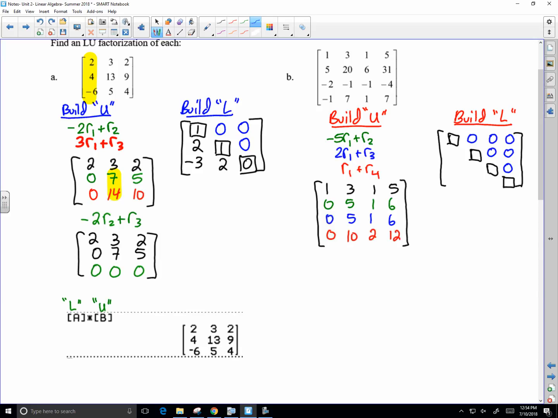I mean, if you were taking a gamble, it's a pretty good gamble to put ones along the main diagonal, but it's not always going to play out. So column 1 goes to the first matrix. Divide each entry by the pivot. So 5, -2, -1. So actually, as it turns out, column 1 in my L will be the same as it was in the original.